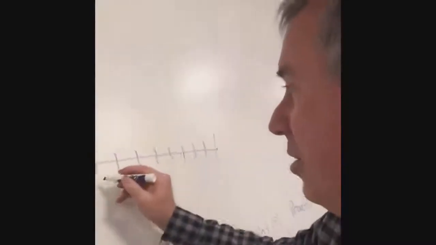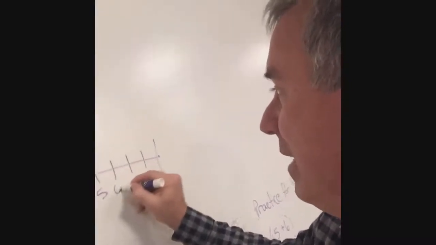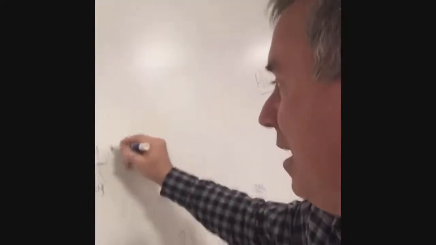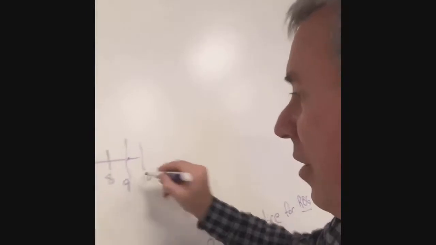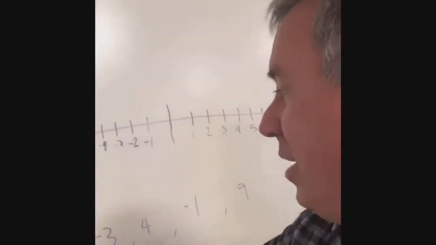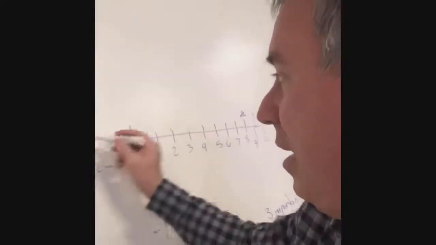There's an 8, so I'm going to go 1, 2, 3, 4, 5, 6, 7, 8, 9, and I'll probably put a 10 here so they understand. And just knock these out as they're put up on the number line.